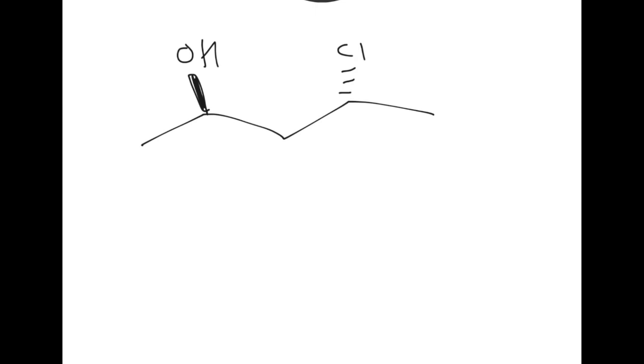So every carbon in a perspective drawing has two groups that are in the plane, a wedge and a dash. You see here, I've got my two groups in plane here and here. I've got my wedge, and then I don't see a fourth group. You know that fourth bond has to be to a hydrogen. And because you have two in planes and a wedge, you know it has to be a dash to the hydrogen. So you know the hydrogen is back. Even though that hydrogen is not shown, you know it's there and you know its stereochemistry.